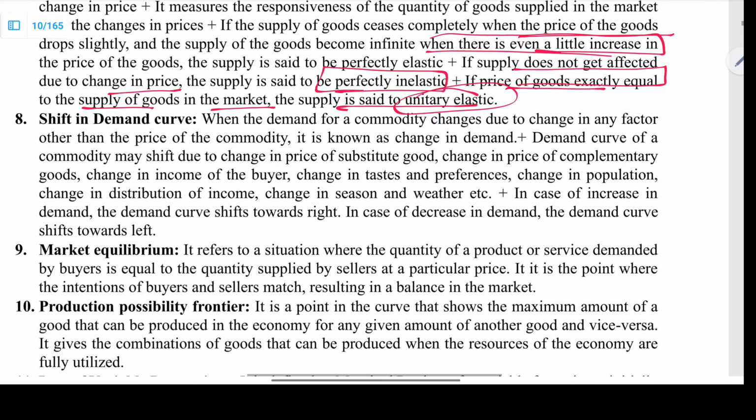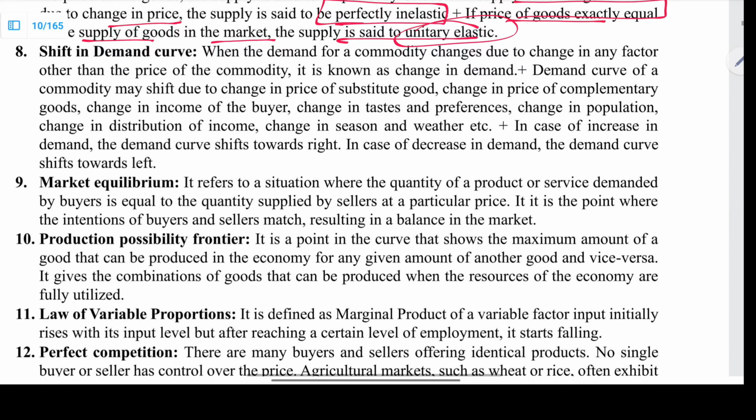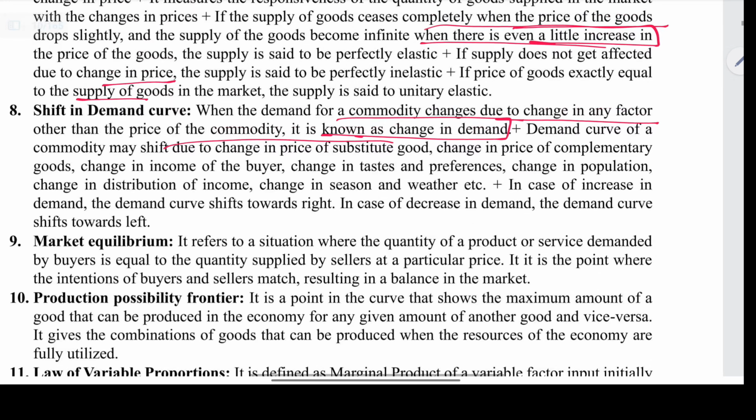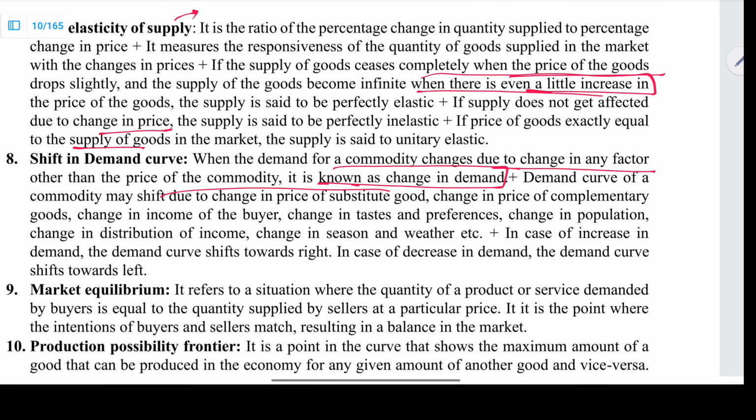Shift in the demand curve. When does the demand curve shift? The demand for a commodity changes, and this is what we call a shift, when there is a change in any factor other than the price of the commodity. For price, we have elasticity. Elasticity of supply is determined with the help of the price.